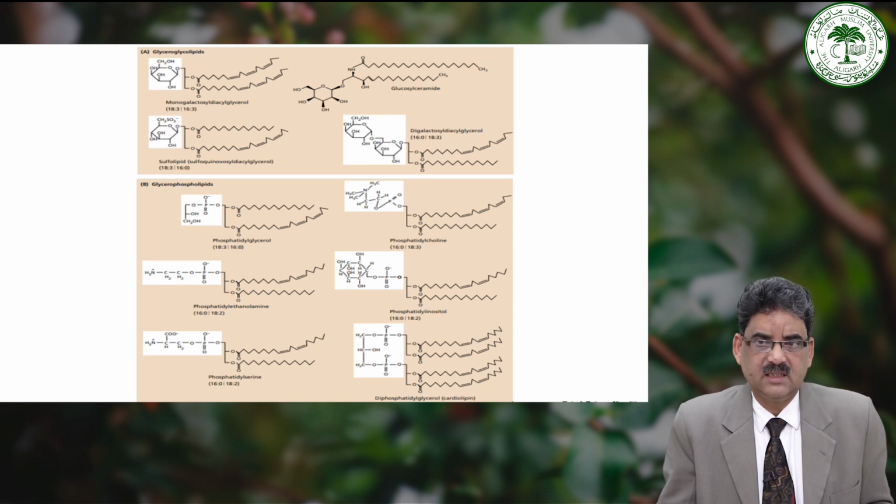As you can see in the figure, there are 9 different polar glycerolipid classes in plants, each of which can be associated with many different fatty acid combinations.